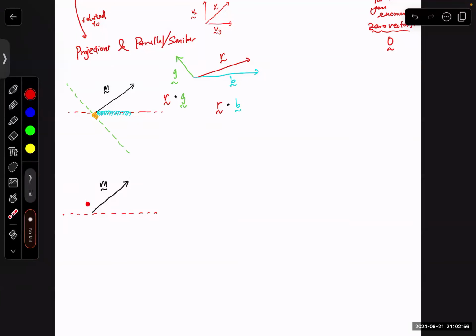Let's say I have a vector M and I have this direction represented by this red dotted line, right? I'm going to project my vector M by squashing it downwards into this dotted line. And the mosquito that gets collected on this red dotted line will be here.